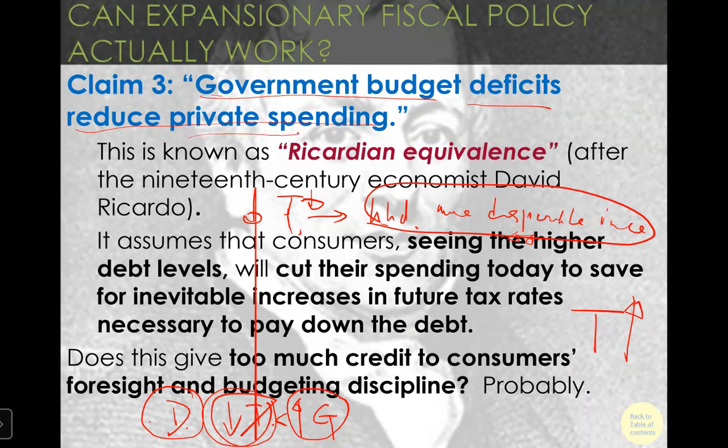On the contrary, the households may instead reduce their private spending. Why? They need to save money for future tax increases. So that is David Ricardo's idea.